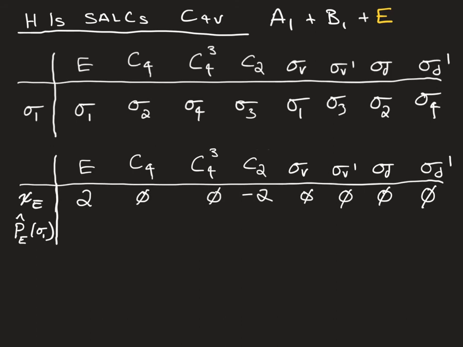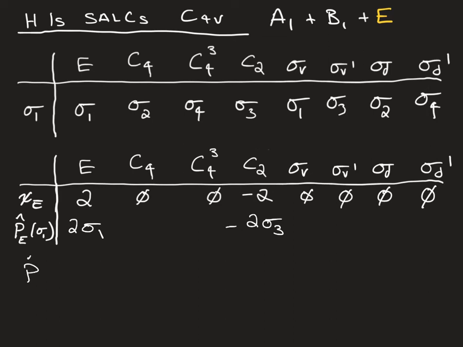We're now going to go through and project out the SALC for E using the sigma-1 as our basis function. So characters E is 2, C2 is -2, and then the C4s and the mirror planes all have characters of 0. So this is going to simplify going through and doing this. So what we get is 2 sigma-1 minus 2 sigma-3.